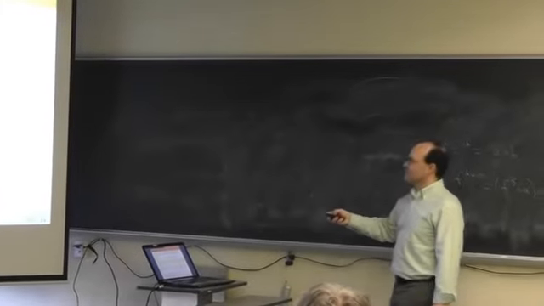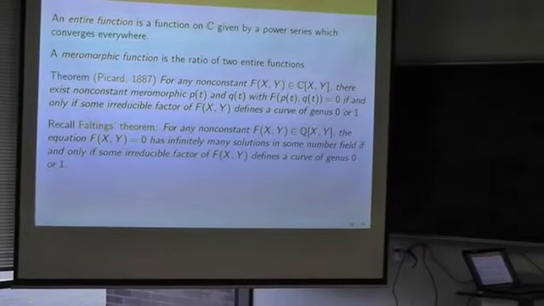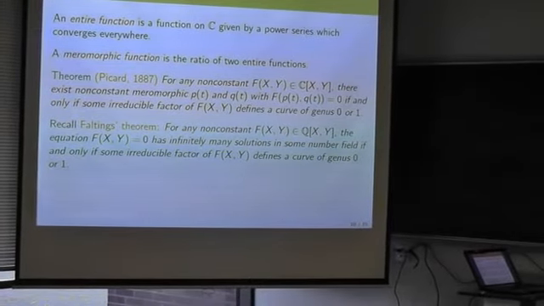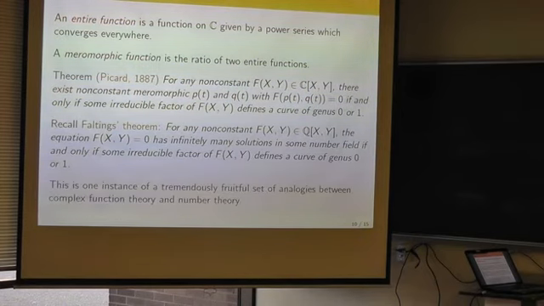Now, Faltings' theorem is almost exactly the same theorem. You have a 2-variable polynomial over the rationals. This equation has infinitely many solutions in some number field if and only if you get an irreducible factor defining a curve of genus 0 or 1. So, the last part is exactly the same. There's this amazing formal similarity, and this is not an accident. How do I say this differently?